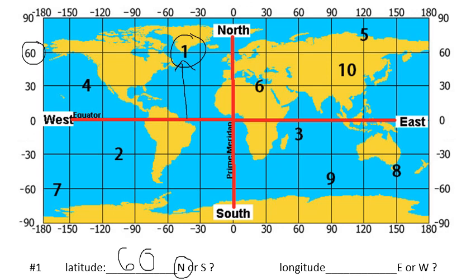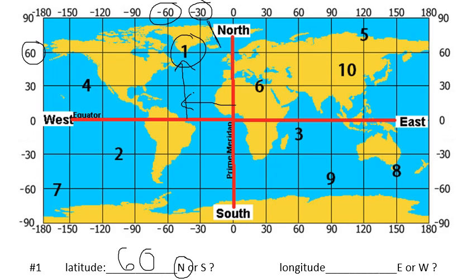But look at the longitude. How far is it this way from the prime meridian? Well, it's not on the 30 line and it's not on the 60 line. It's kind of halfway in between. And let's face it, there are a lot of points in between the 30 and the 60. So we have to estimate.